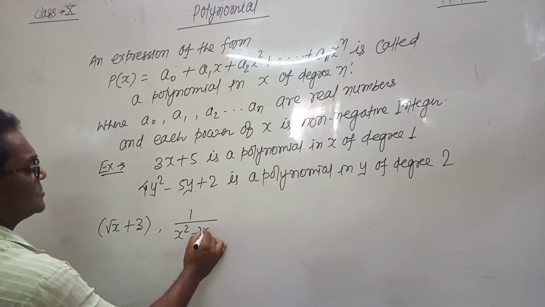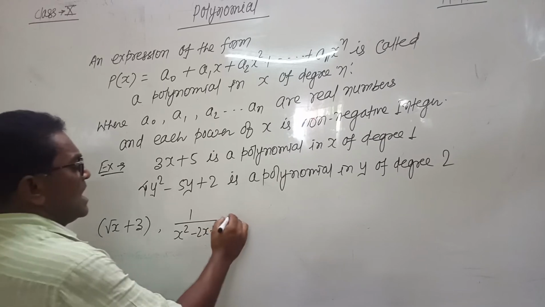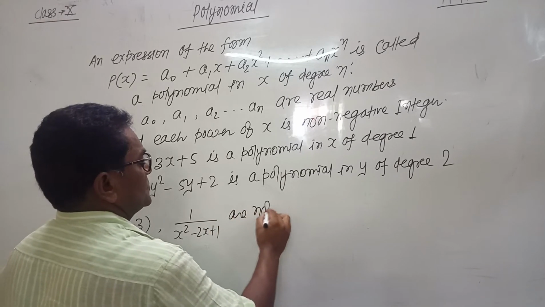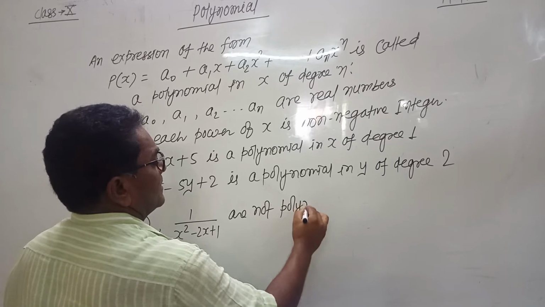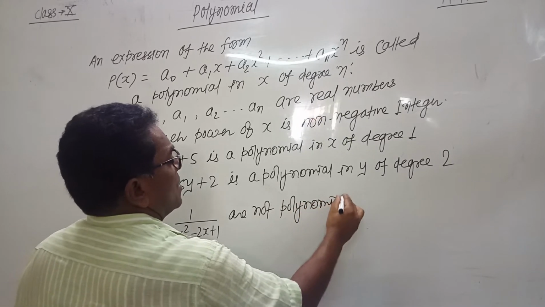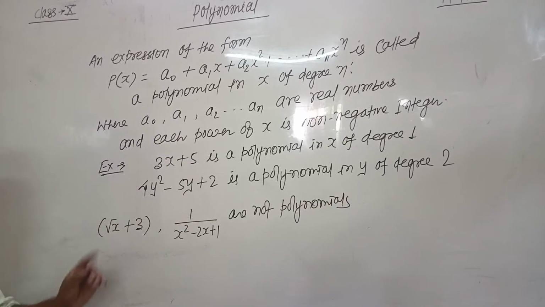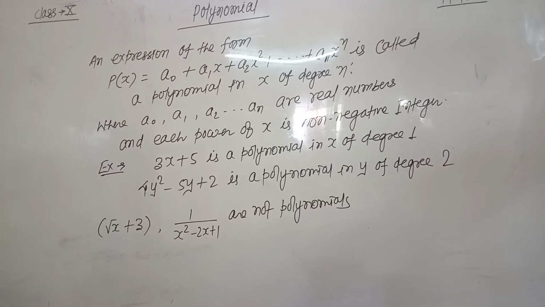Root x plus 3, and 1 upon x square minus 2x plus 1 are not polynomials. Why? Root x means x raised to the power 1 by 2, and 1 by 2 is not an integer.